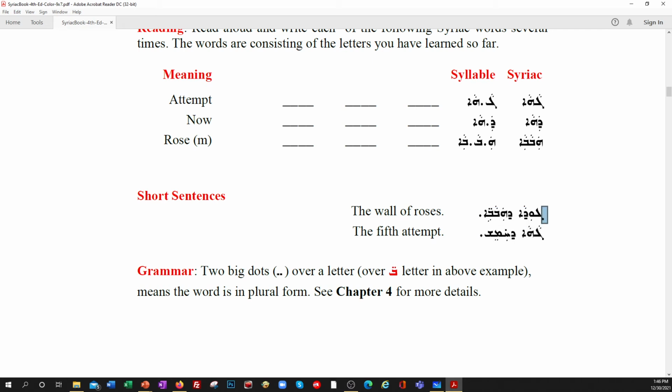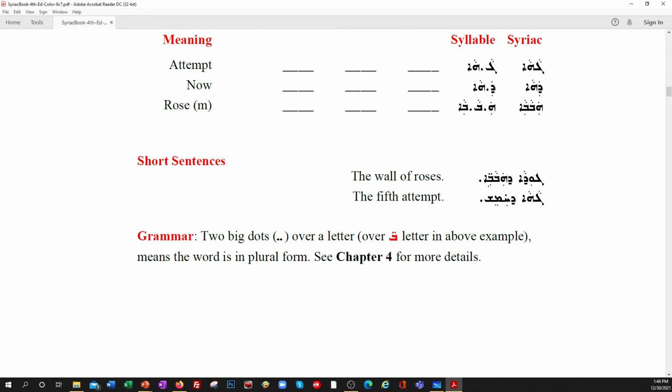Pay attention to those 2 dots next to each other above the letter. We're going to study this in grammar. So guda dhabawe and gaha tkhamish. About the 2 dots, here I have a grammar. When you see 2 dots next to each other above the letter, like here in this example over beth, it means this word is in a plural form.